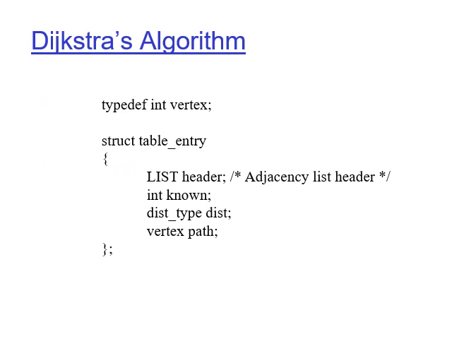So the three attributes of each node can be implemented with a structure. Let's call it struct table_entry, typedef integer vertex. Each vertex will be represented with an integer value, right? Right. So then the attributes of each vertex are implemented through this structure.